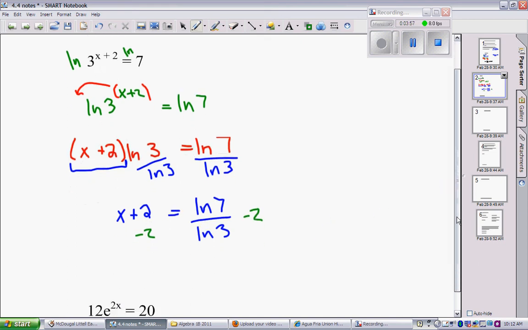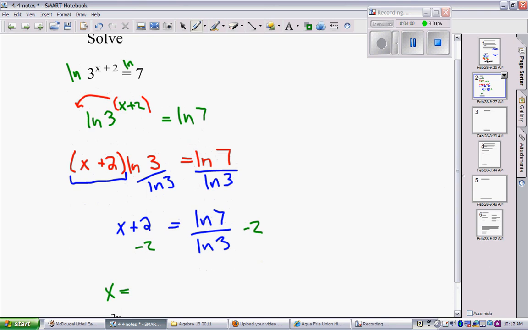So we are currently at x equals ln of 7 over ln of 3 minus 2. And you get out x to be negative 0.228. It will give you the same answer if you use logs versus natural logs.